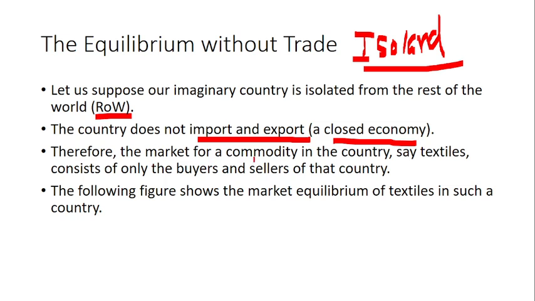Therefore, the market for a commodity in the country, say textiles, consists of only the buyers and sellers of that country. Simply speaking, the market of this country consists of only the buyers and sellers of that country, because nobody from the outside is selling the commodity, and nobody from the inside is buying the commodity from the outside.